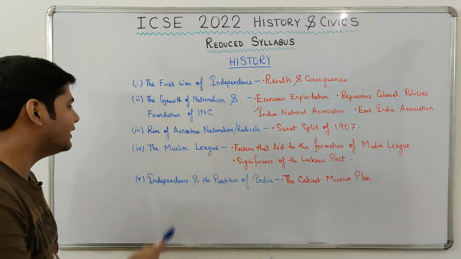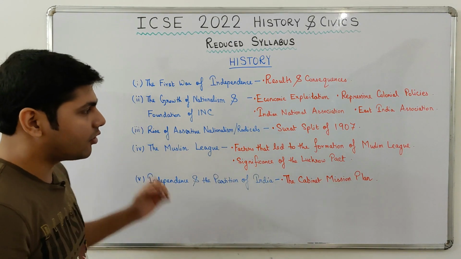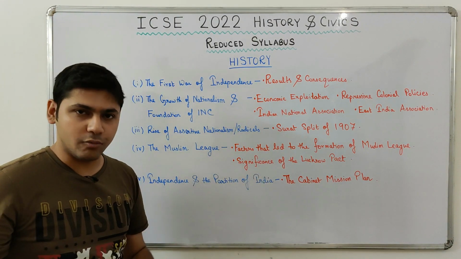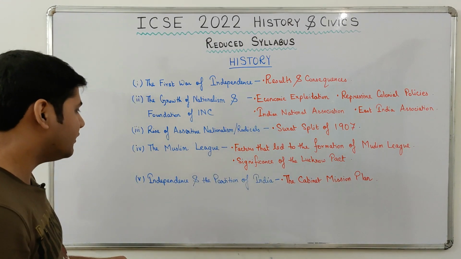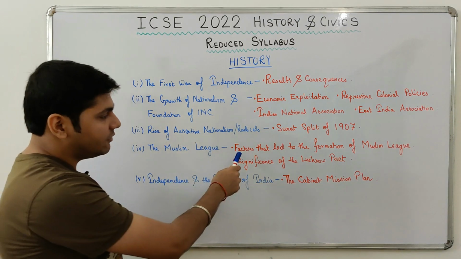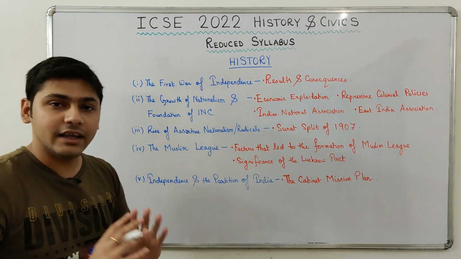Next we come to the chapter rise of assertive nationalism or radicals. From this chapter, Surat split of 1907 has been removed. So you don't have to study that. Coming to the next chapter, which is the Muslim League. From the Muslim League, the factors that led to the formation of the Muslim League have been removed.